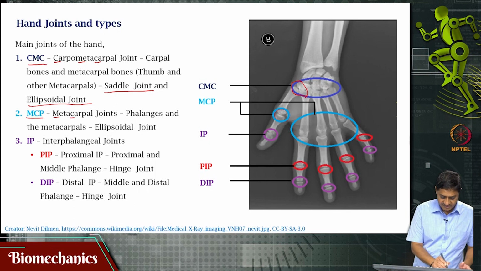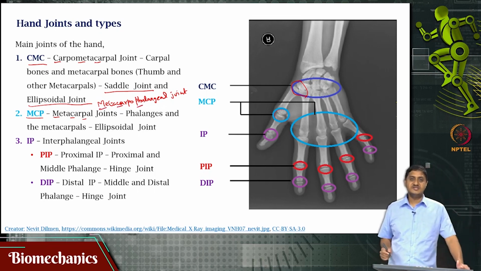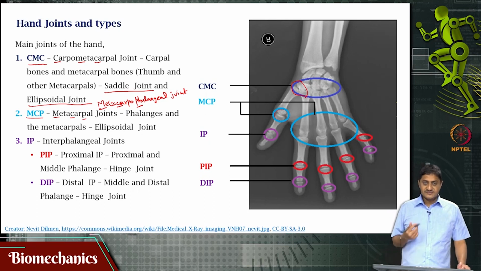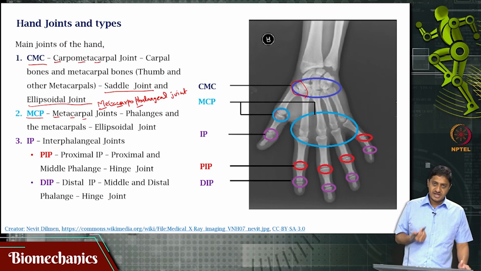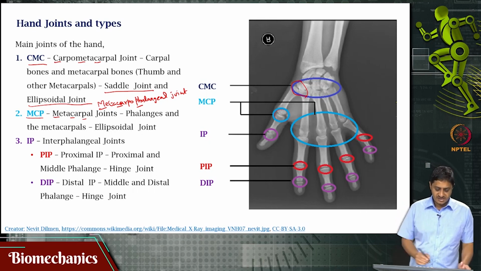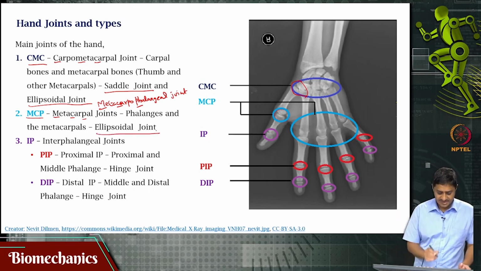Metacarpal, MC, here there is a P, but it is rather metacarpophalangeal joint, MCP joints. This is where the metacarpal bones meet the finger phalanges or the finger segments. These are ellipsoidal joints.